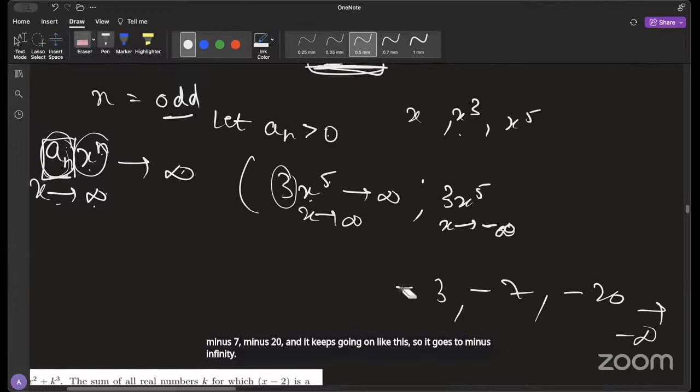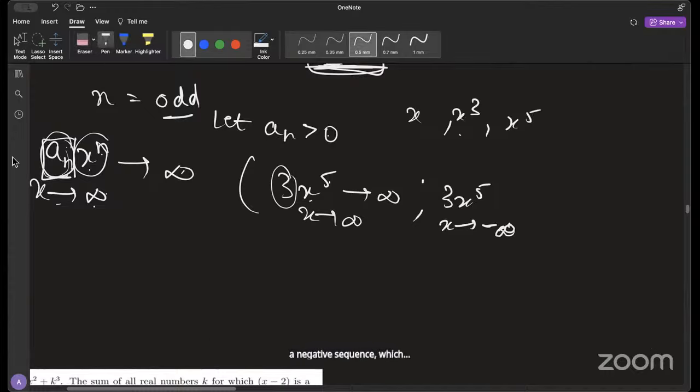This is just a rough thing I'm putting here, not the actual values. It's a negative sequence which keeps decreasing on the negative side, so this goes to minus infinity.